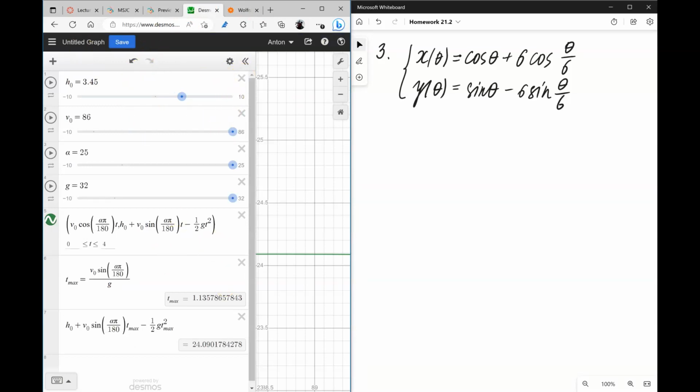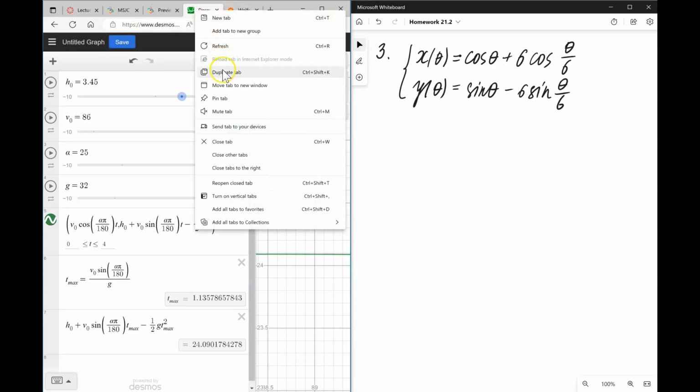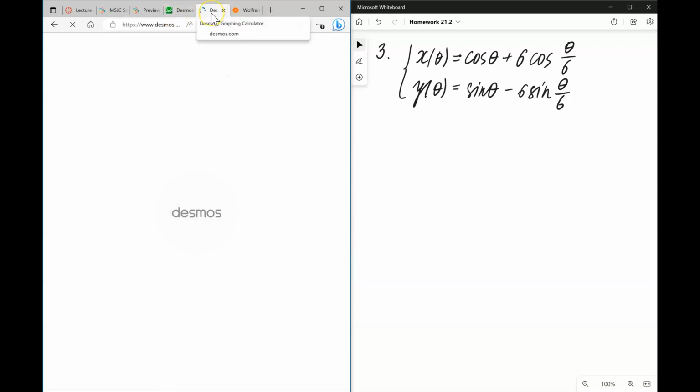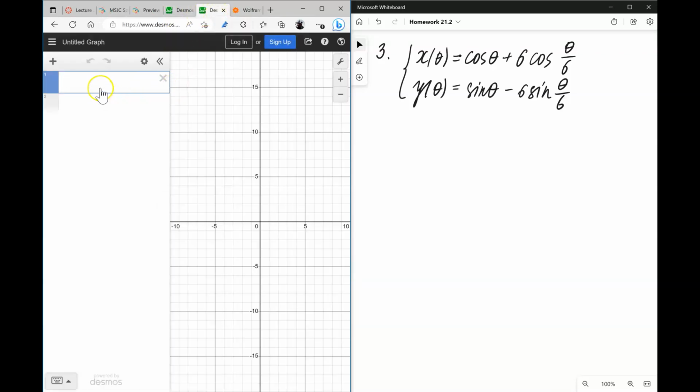I want to save this because we may have another problem like that. But let's go ahead and graph this hypocycloid. We have cosine of t plus 6 cosine of t over 6 and sine of t minus 6 sine of t over 6.